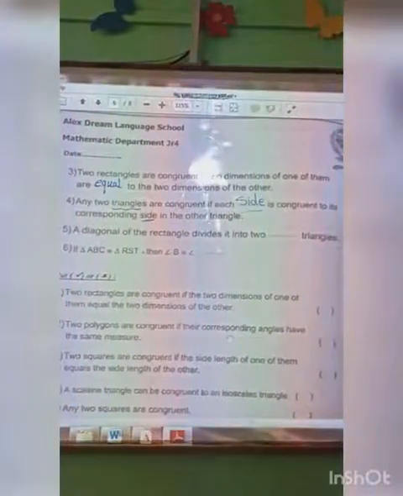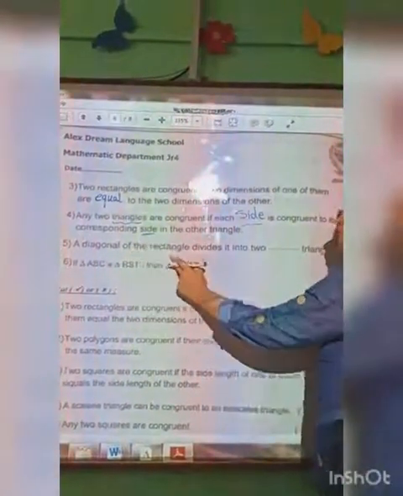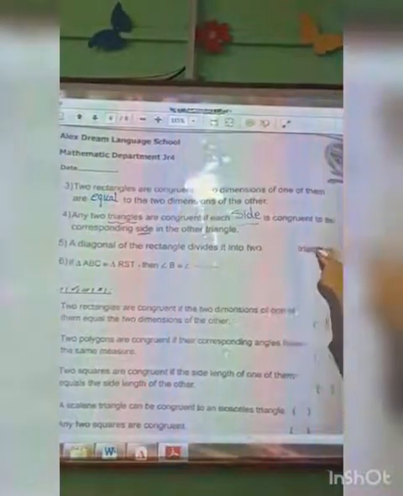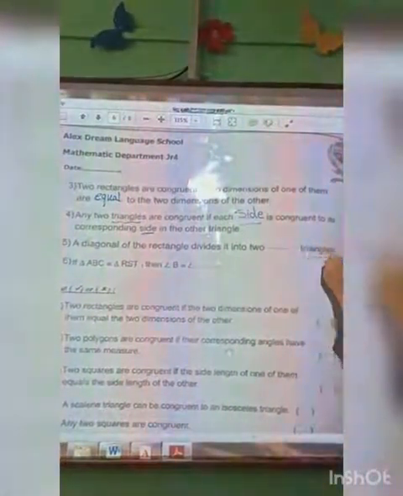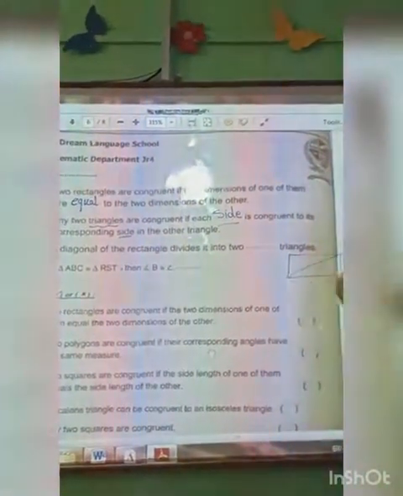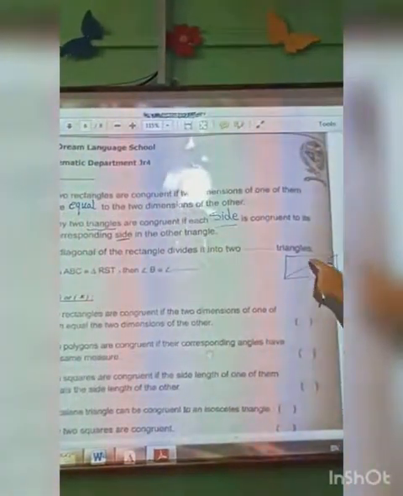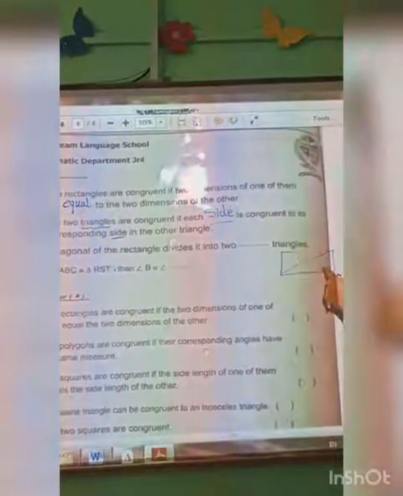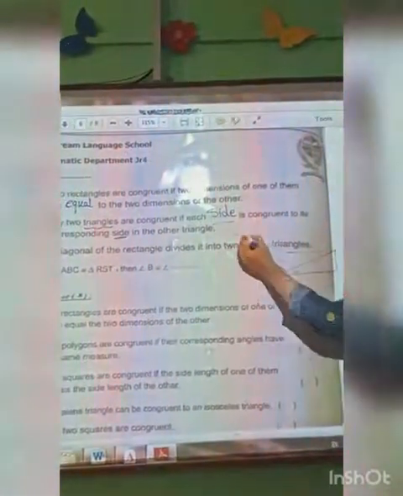Number 5. A diagonal of the rectangle divides it into two what? Triangles. If I have a rectangle here and its diagonal like this, the diagonal divides it into two congruent triangles.